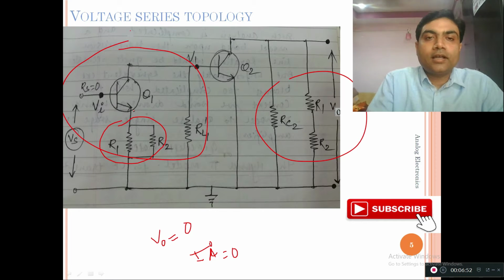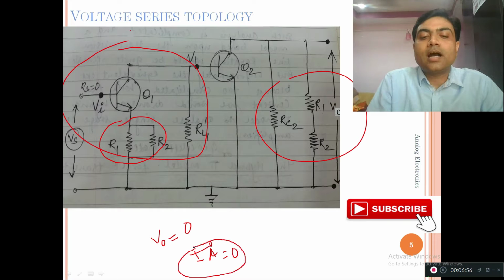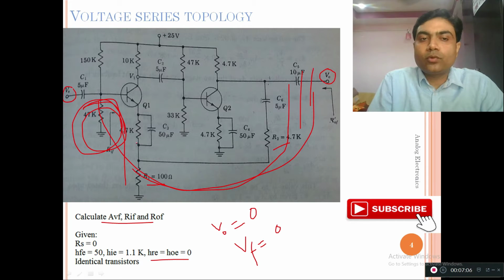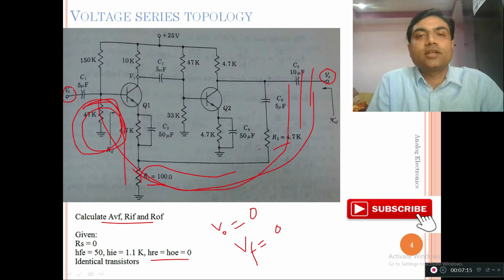Okay, and now for getting the output circuitry, I have to make II equals to 0. So II equals to 0 means I have to open this loop. So if I will open this loop, there is no flow of current here. So R1 and R2 in that sense comes into the series and appear at the output side.